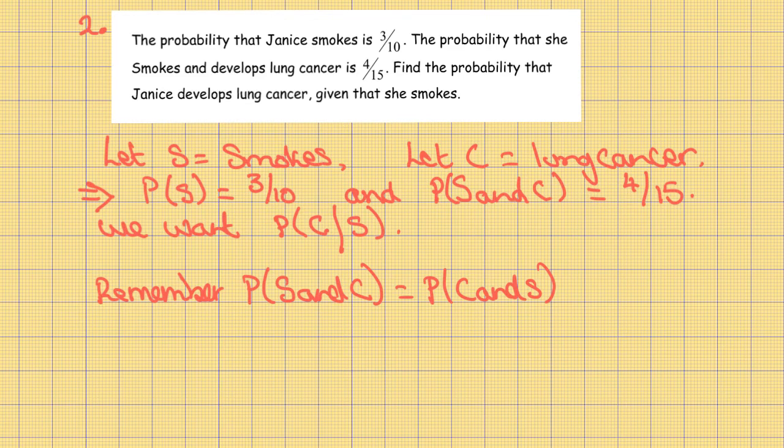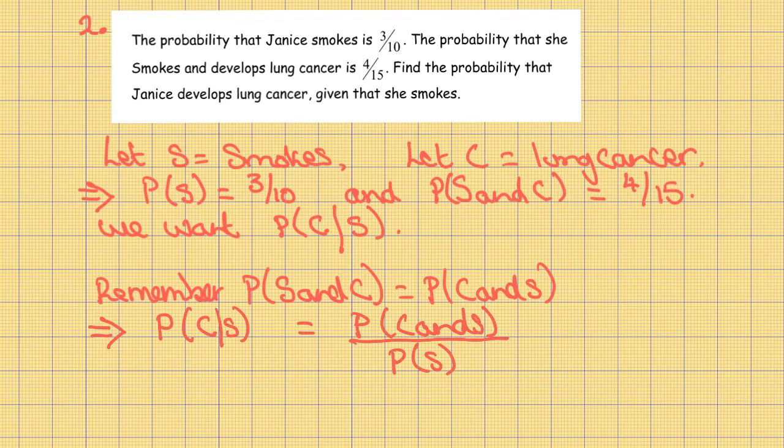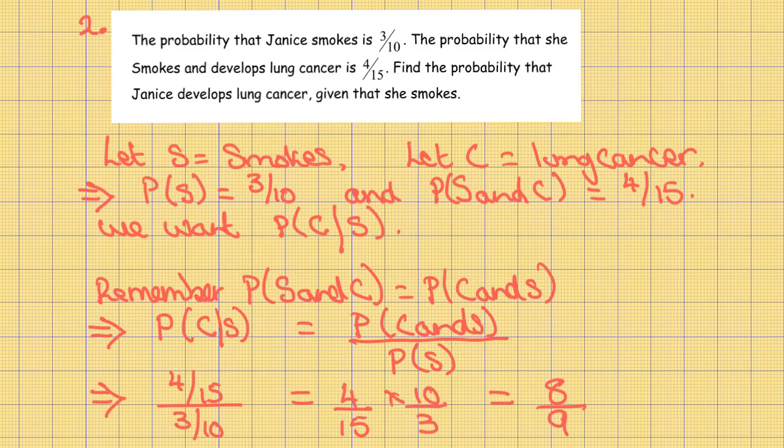Remember, the probability of S and C is equal to the probability of C and S. Therefore, the probability of C given S is equal to the probability of C and S divided by the probability of S. Therefore, 4 out of 15 divided by 3 out of 10 is equal to 4 out of 15 times 10 out of 3, which equals 8 out of 9.